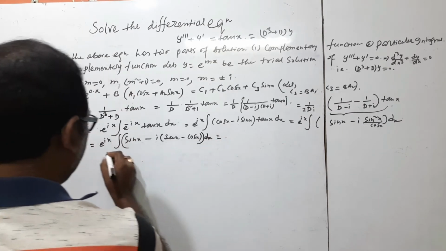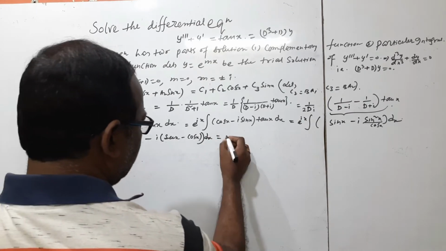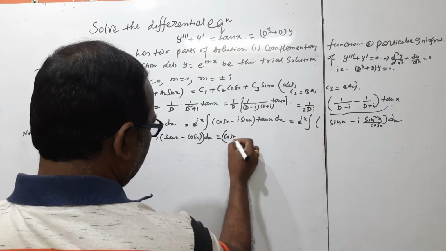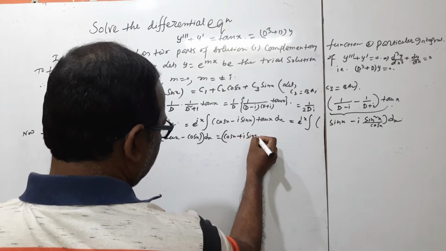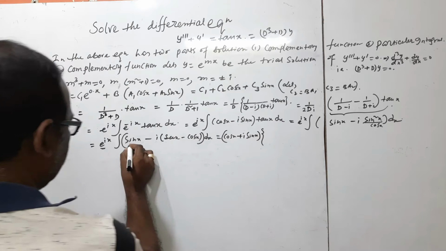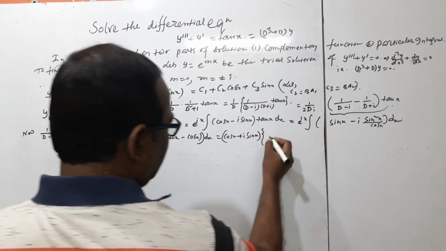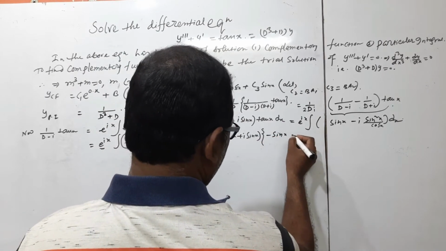If we integrate, we can write e^(ix) = cos x + i sin x, so the integration gives −cos x − i ln|sec x + tan x| + i sin x.